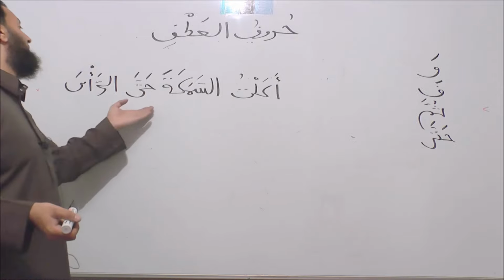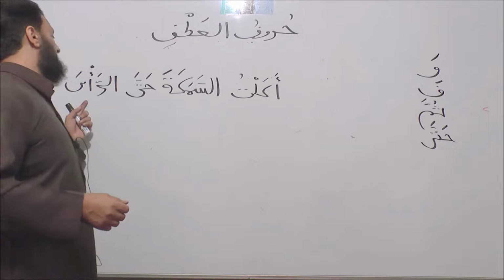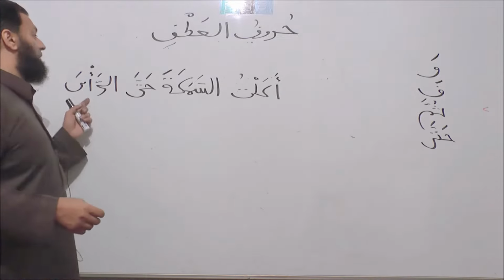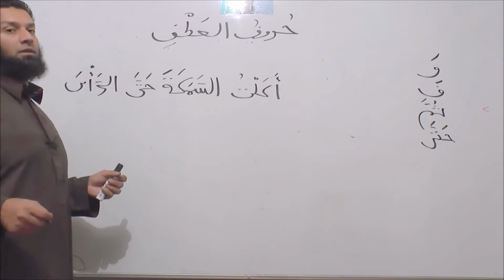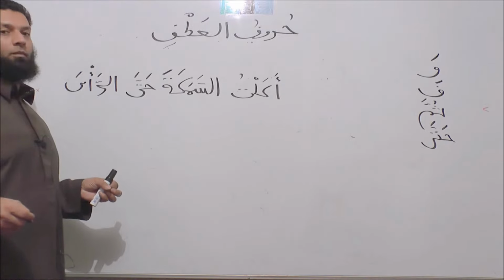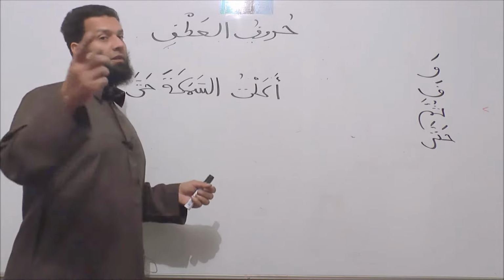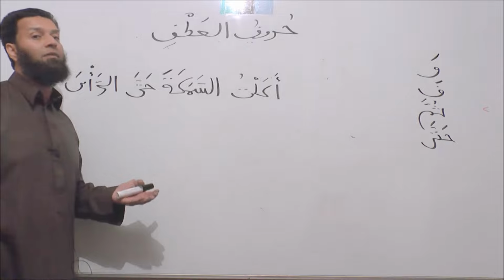Akaltu as-samakata hatta al-ra'sa. Al-ra'sa means the head. Until the head. Alright, it means I ate the fish until the head. Right. Not even the head. Right? Hatta here means even the head.